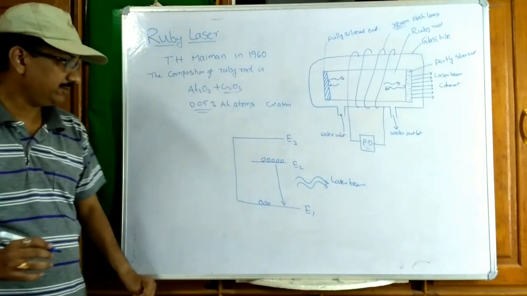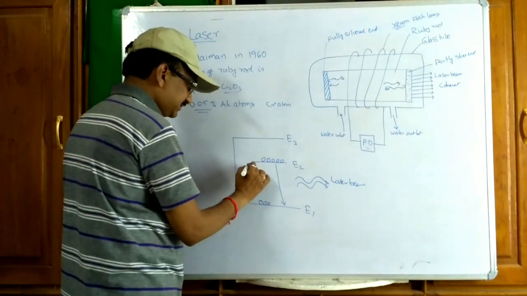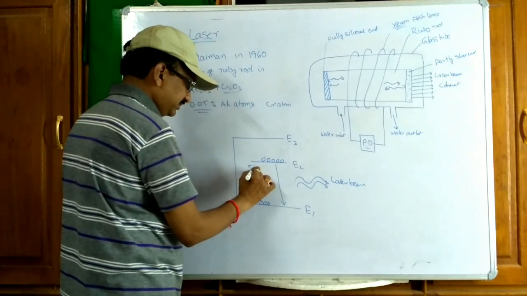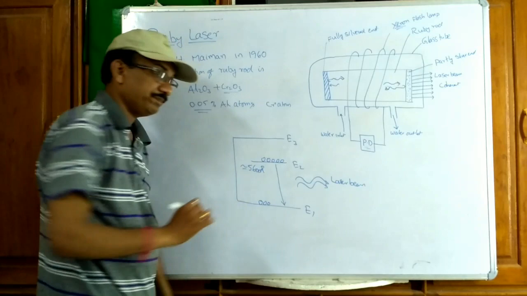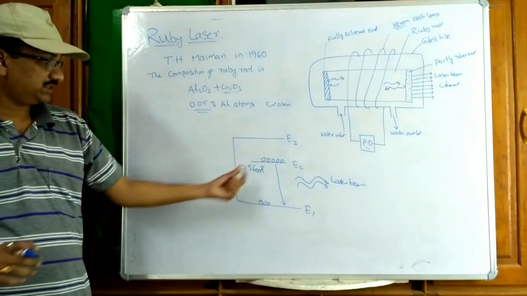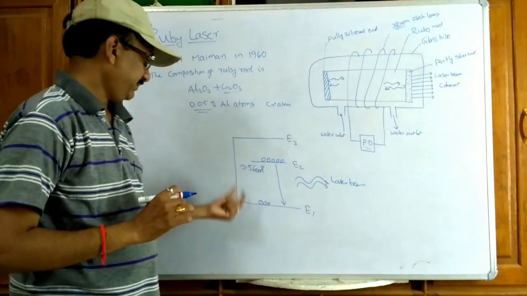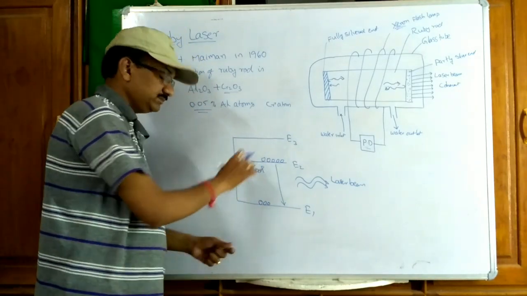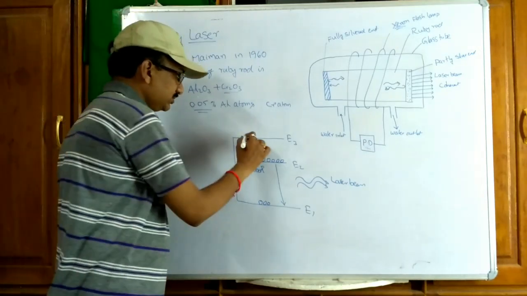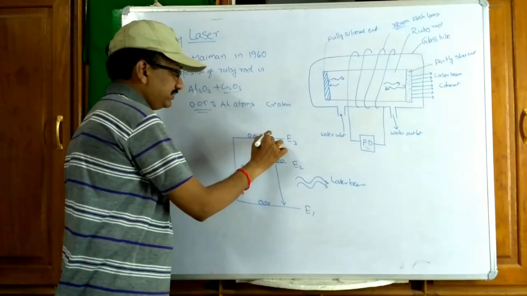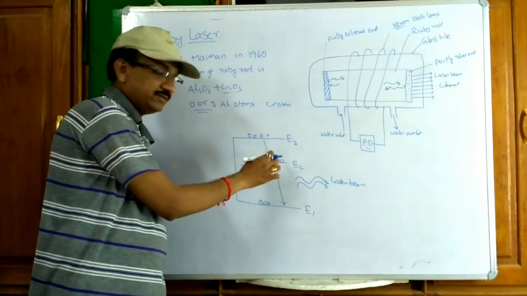Here these atoms absorb approximately 5600 angstroms, which represents a green color. That means by absorbing green color, these atoms get excited, go to the excited level and then come to the metastable state.